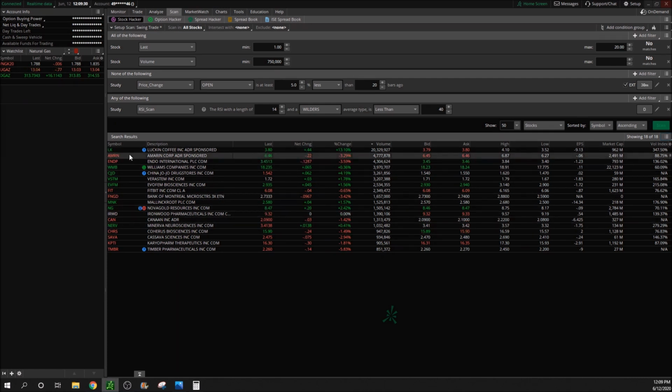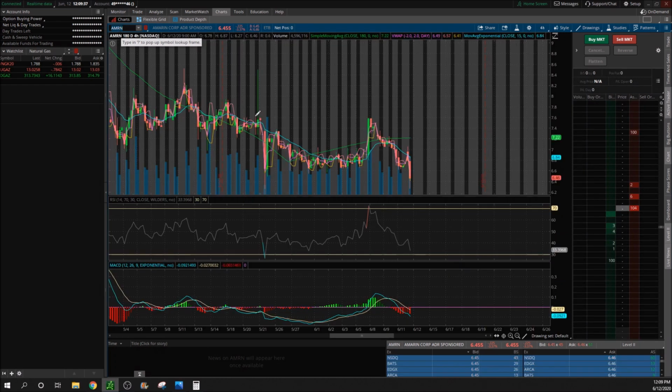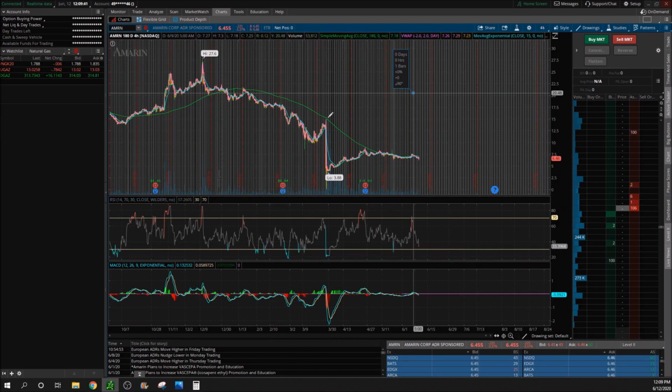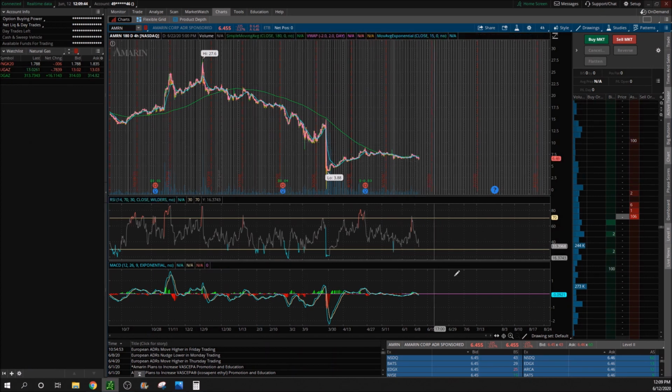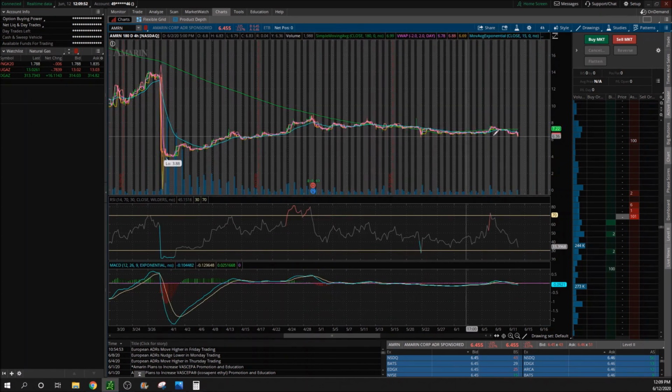All right, so let's look at this next one. AMRN. Okay, so on the 180-day chart, we can see our SMA line is pretty flat right now, right? It's plateaued.